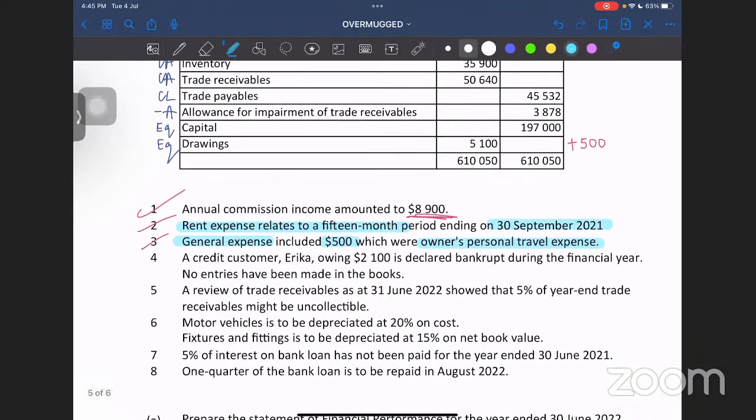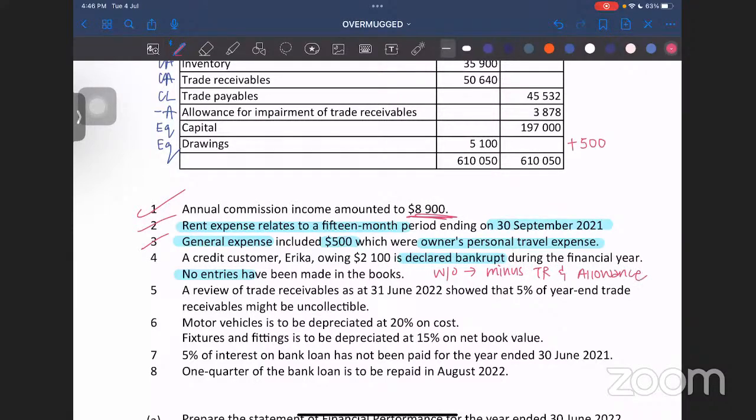Next one will be on your chapter on trade receivables, the one where you have write-off, which is also a lesson that I've done before. Basically this customer went bankrupt and no entry has been made. So this is a write-off. Remember, whenever you have a write-off, you will minus from TR and your allowance.